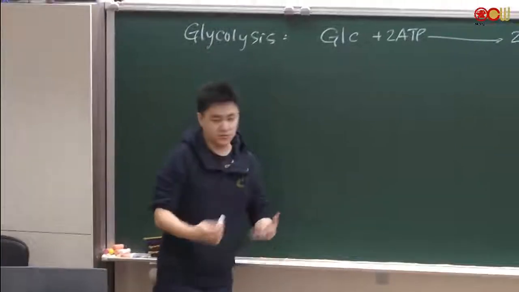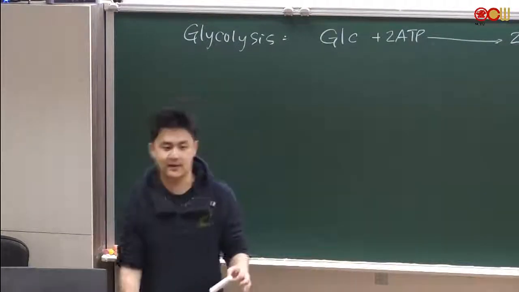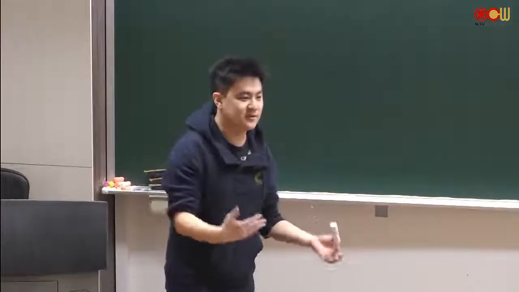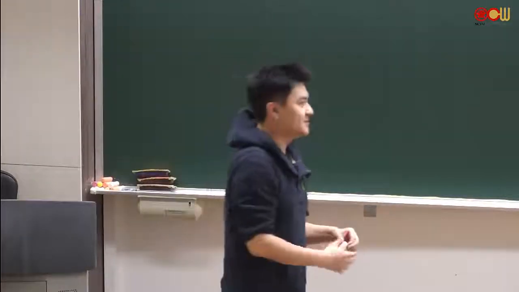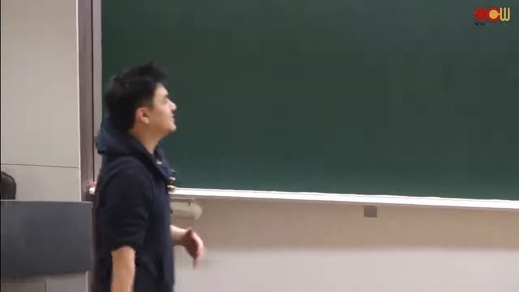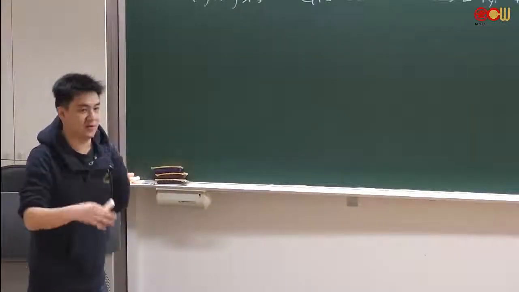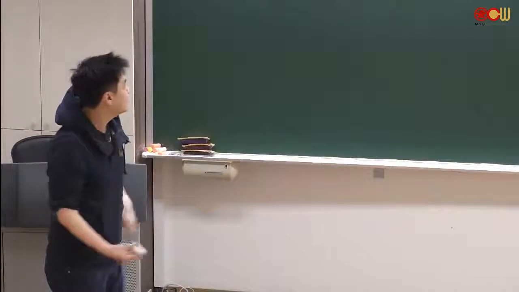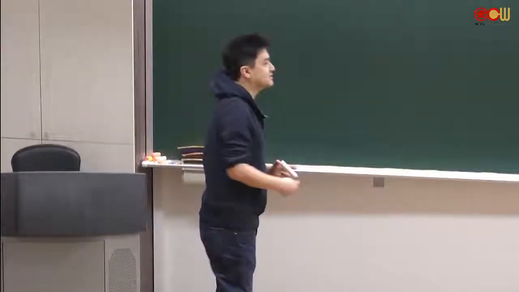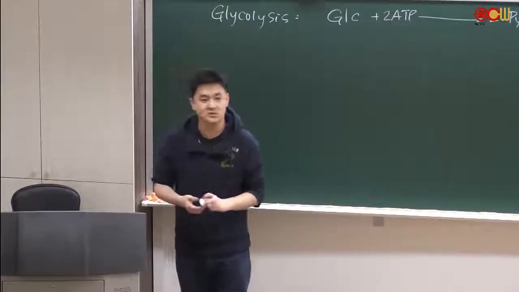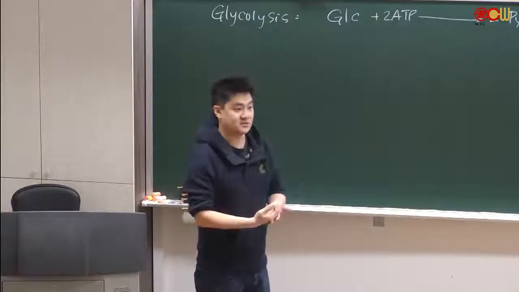All right, so again, just to quickly remind you guys that in Biochem 2, we're very interested in understanding metabolism, and basically we're going to study how these biomolecules get degraded and get synthesized, okay? The first topic in almost all Biochem 2 courses will be glycolysis, okay?